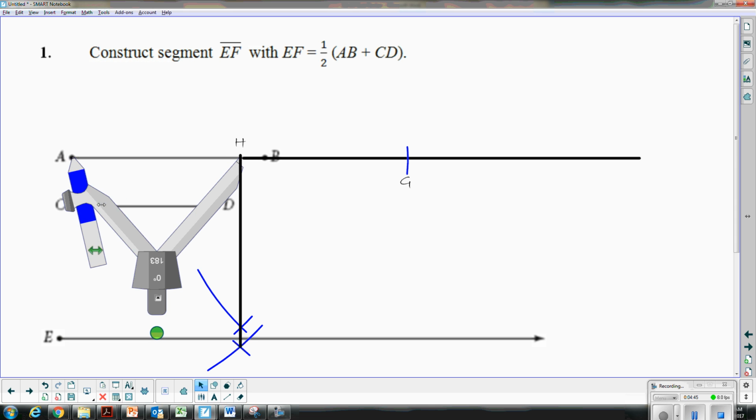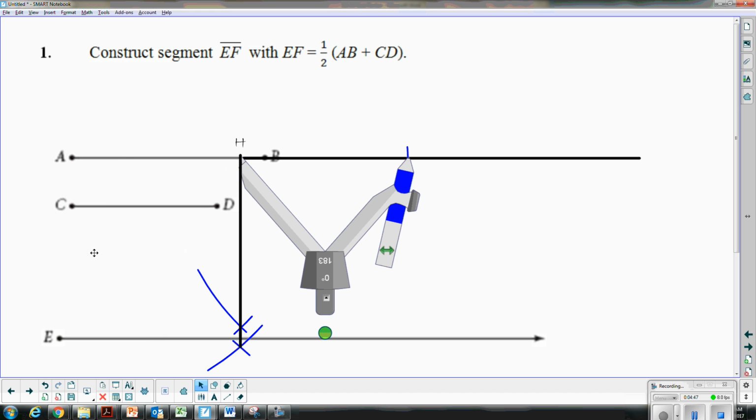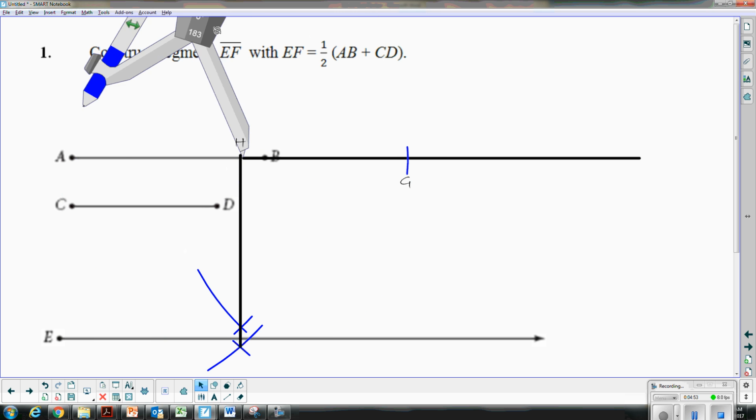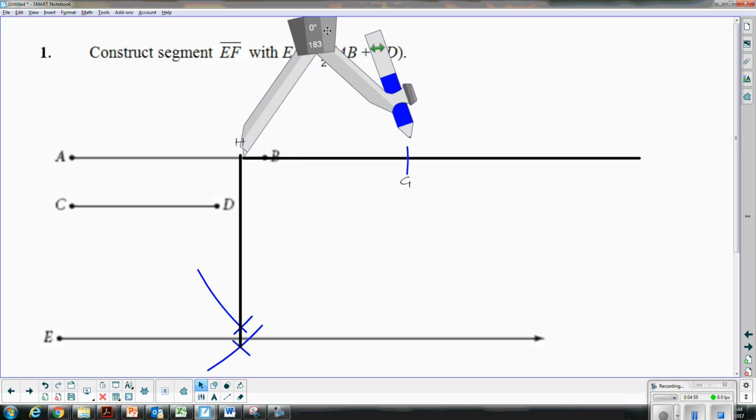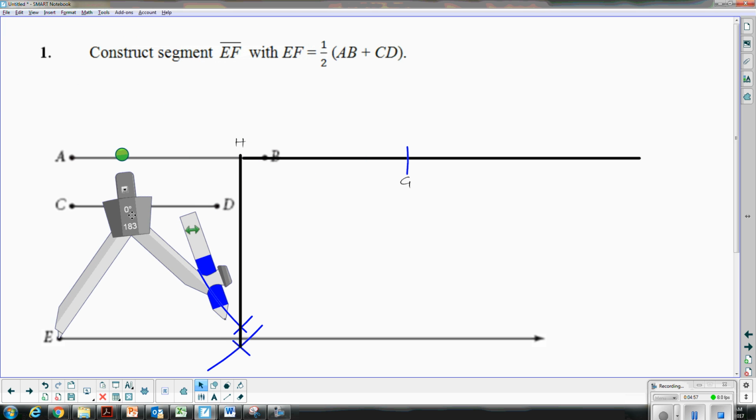And then I'm going to construct, without changing my settings. I'll change my pen color though, so you can see.